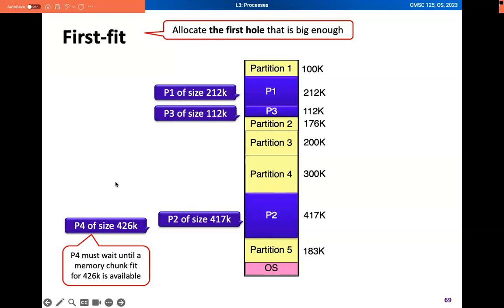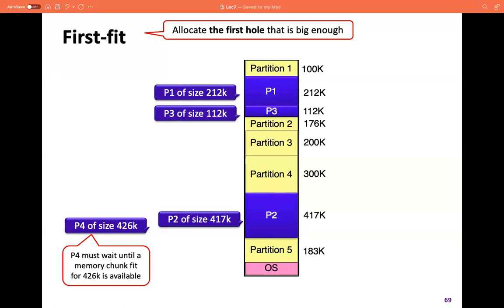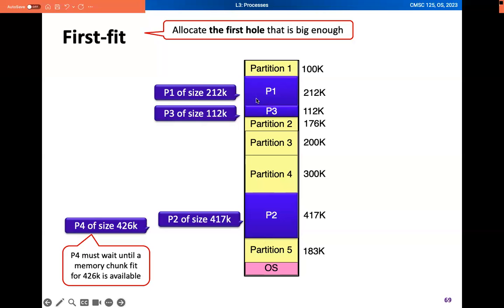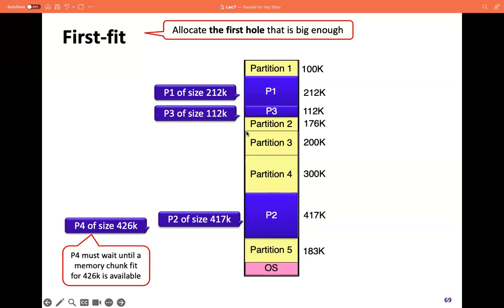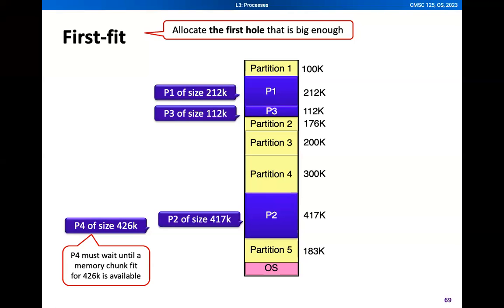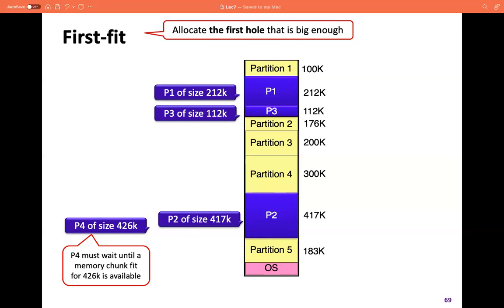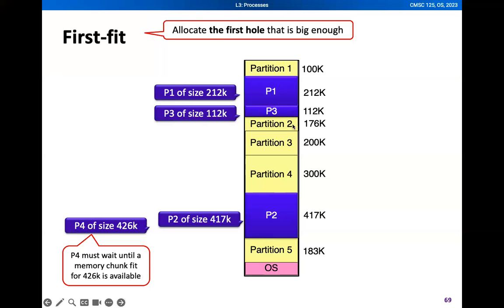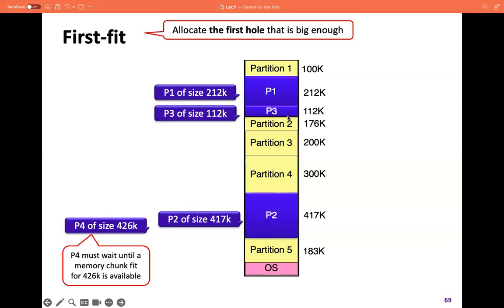It can also lead to better memory utilization compared to best fit and worst fit by reducing some fragmentation. But the only problem is that it may leave small unallocated spaces between allocated blocks.